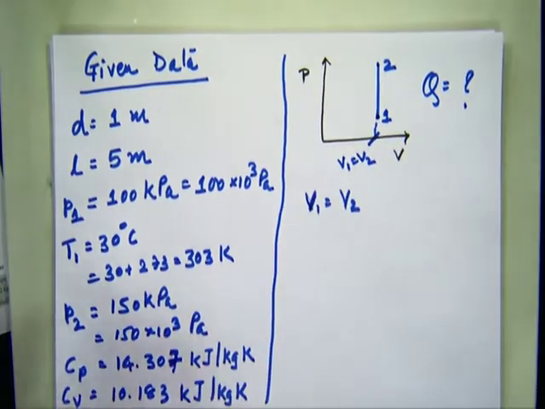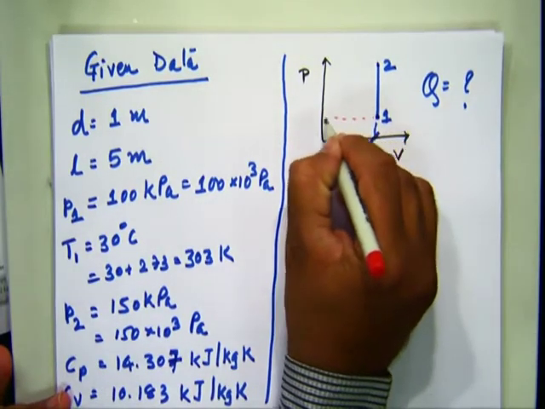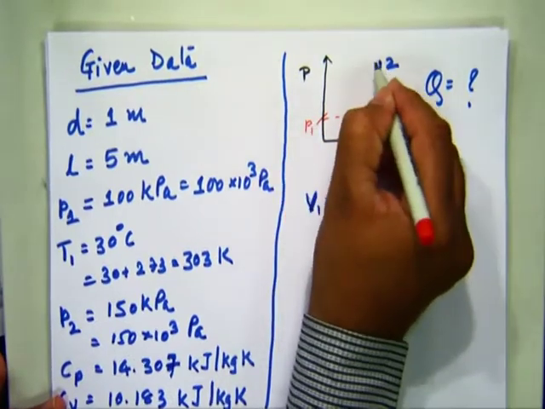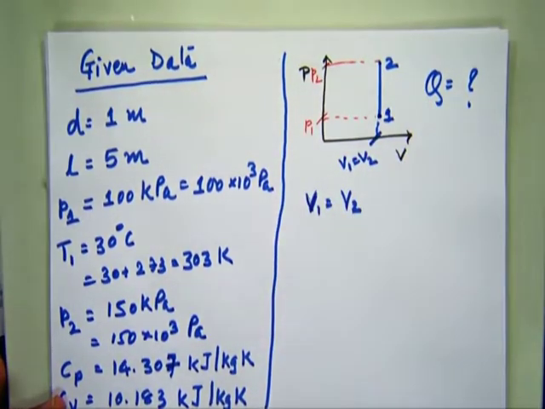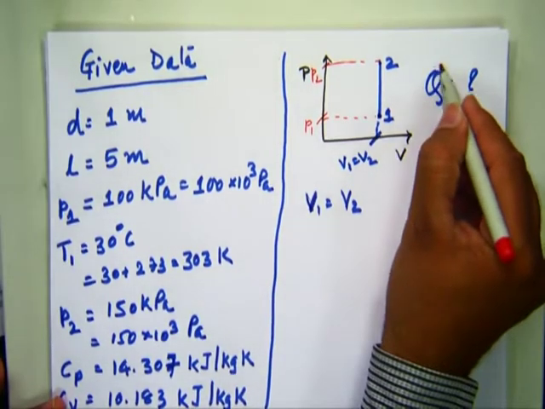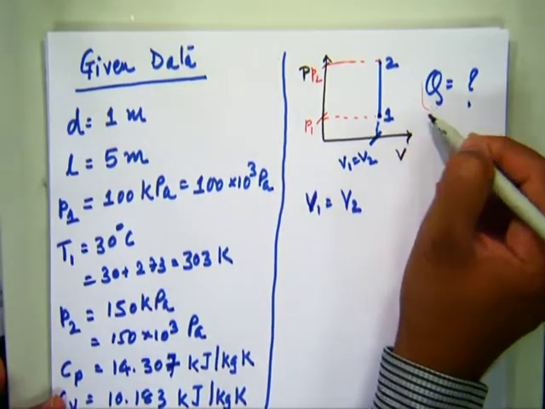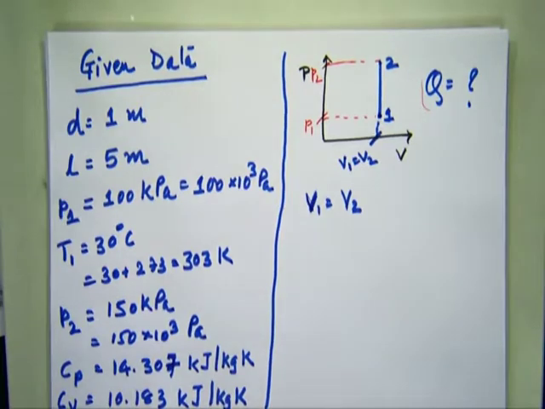Pressure increases from P1 to P2. To raise this pressure, we are supplying an amount of heat Q to the system.